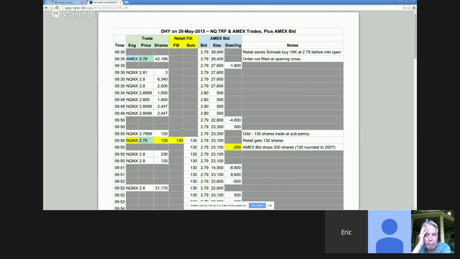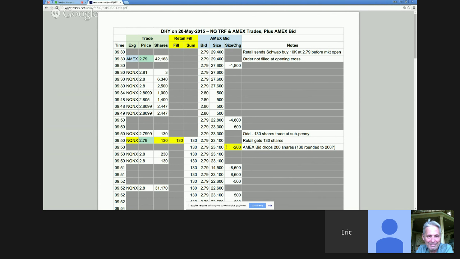Now, what's interesting about this is that this is coming from a dark pool, and right before his trade prints for 130 shares, there just happens to be 130 shares that execute on a dark pool at $2.79.